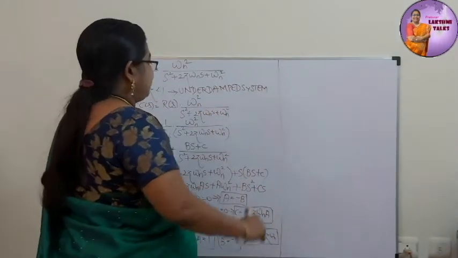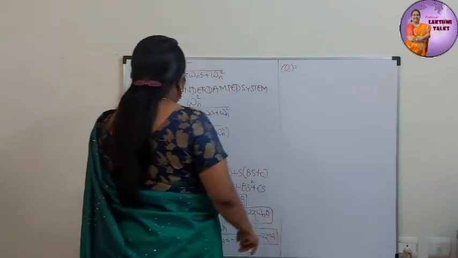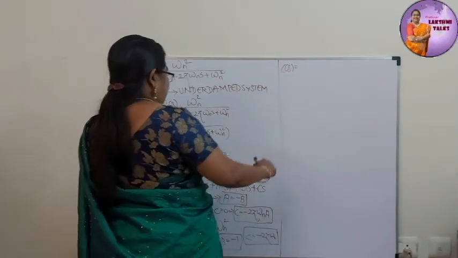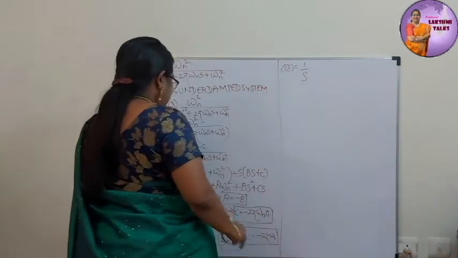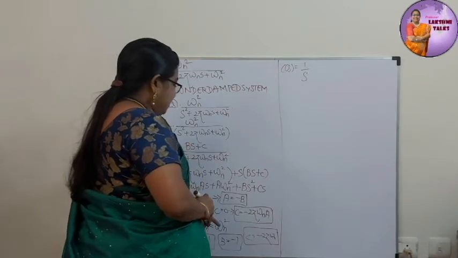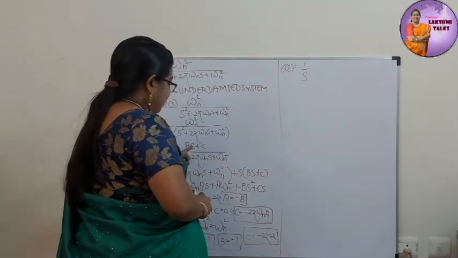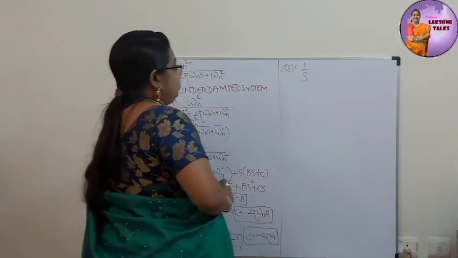So what happens? C of S is equal to 1 by S. Then what do we have? Bs plus C. What is B? B is minus 1. So minus 1 into S is minus S, then minus 2 zeta omega n.